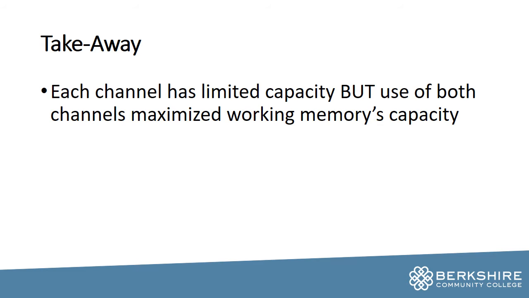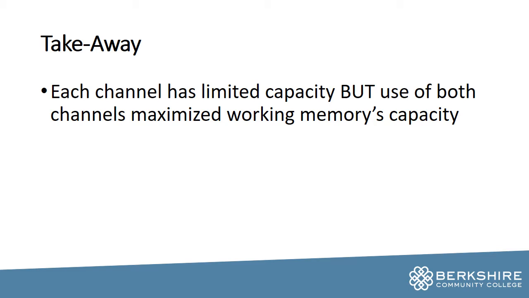So why is this important? Each channel has limited capacity, right? You can only listen to so many things at one time, and you can only see so many images at one time. But in order for learning to really take place with multimedia, it's important that both channels are maximized.